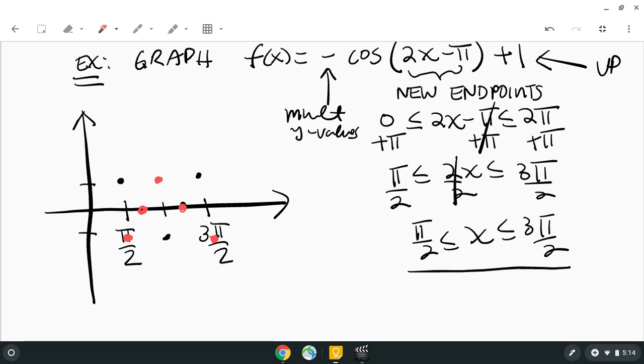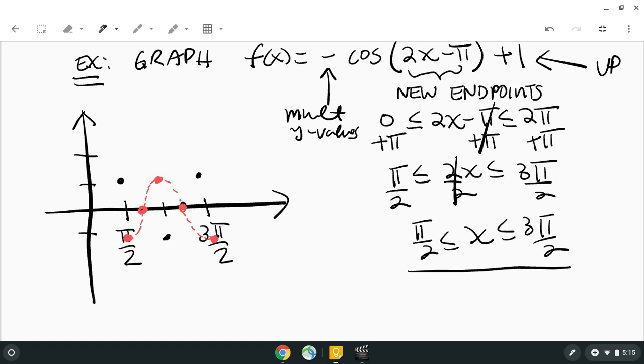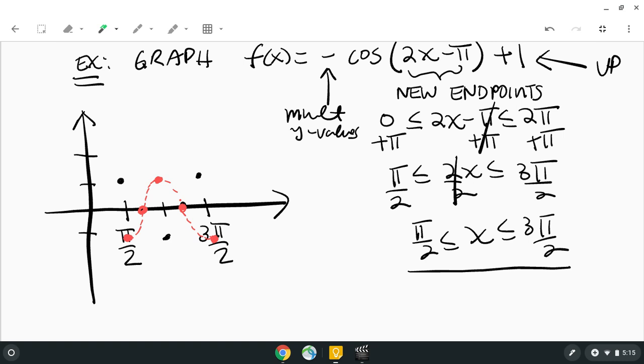The ones on the axes are going to stay on the axes, because 0 times anything will be 0. This third point down below is -1, and you multiply it by -1, and you get +1. Again, this one stays on the axis. And that last point multiplied by -1, you end up down below. So it's reflected over the x-axis.